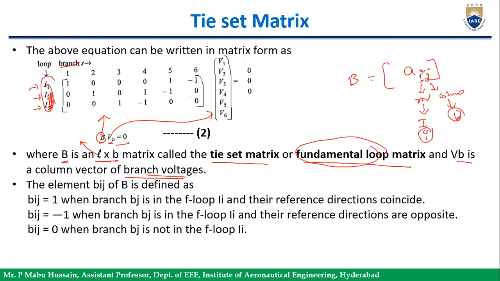Now the value of Bij will be equal to 1 if the branch J is in the fundamental loop I, and their directions coincide. Okay, see here in the previous slide.